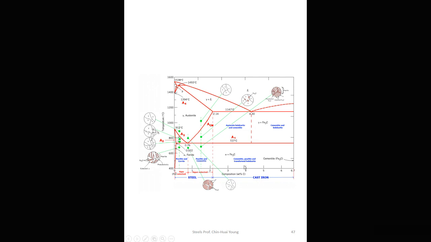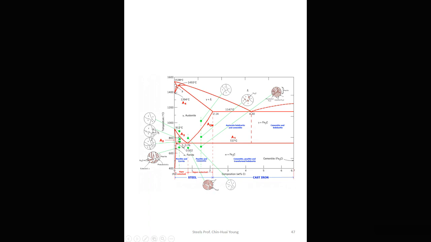Okay, summary of our previous learning. Here is an austenite above A3 temperature. It looks like this. Here is a carbon content 0.8. Here is a pure perlite.